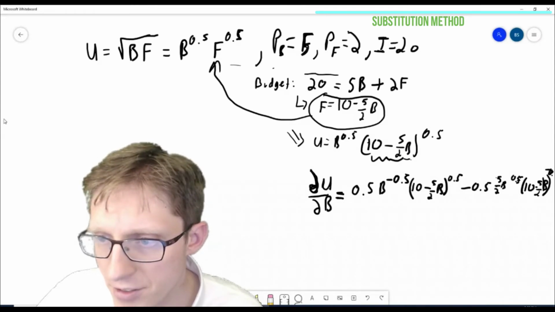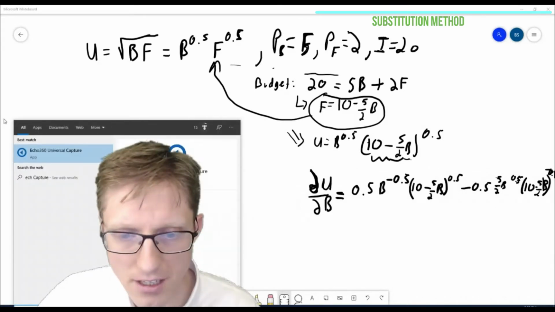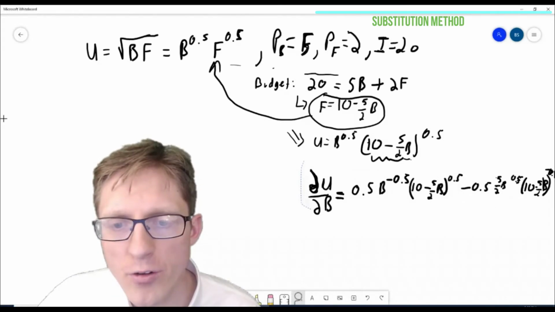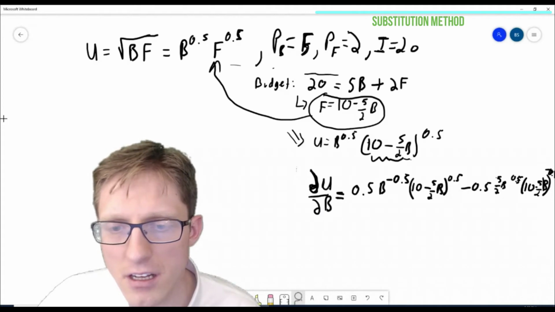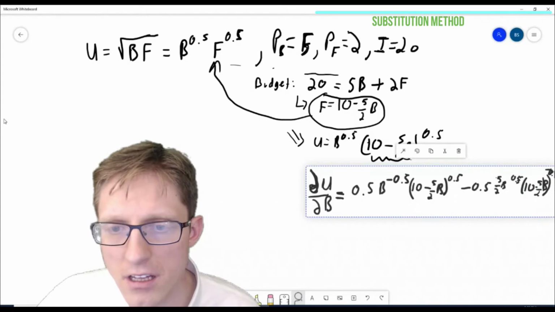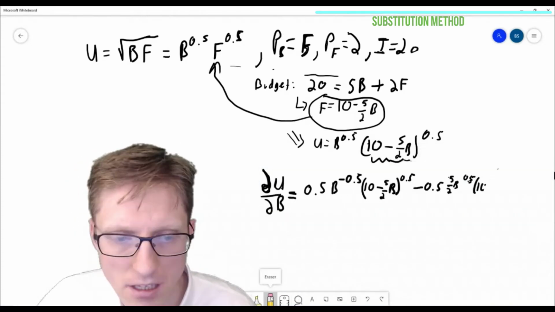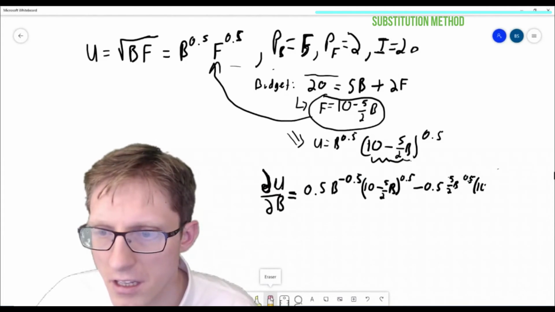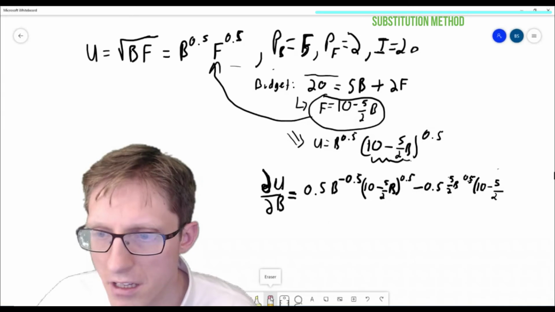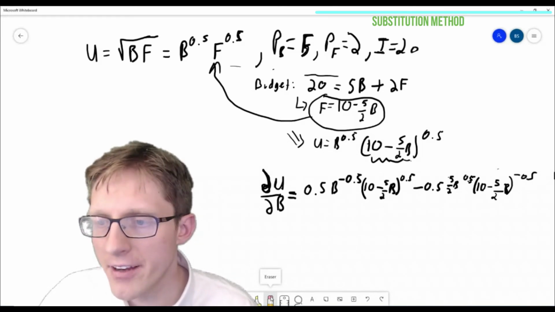I'm really out of space here. Let's move this whole thing over here. Raised to the power of minus 0.5.